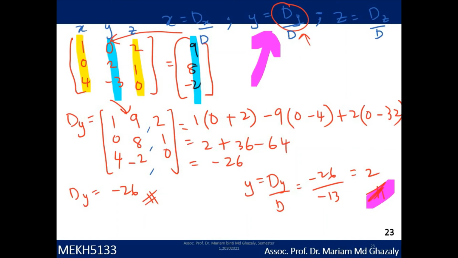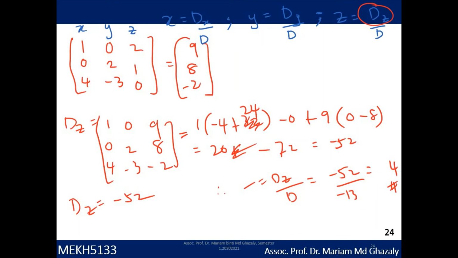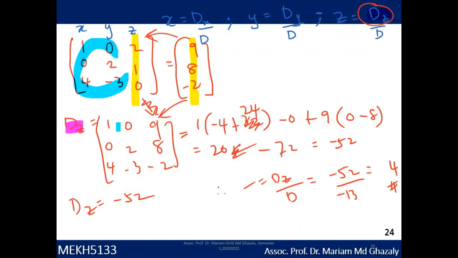Alright, so simple. Similarly for dz. To find dz, this value you need to substitute here at the z element, and the rest you substitute inside here.